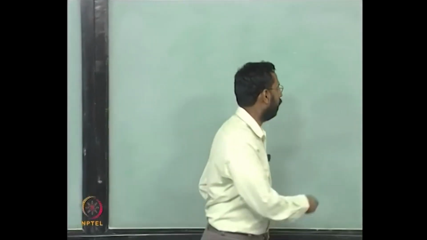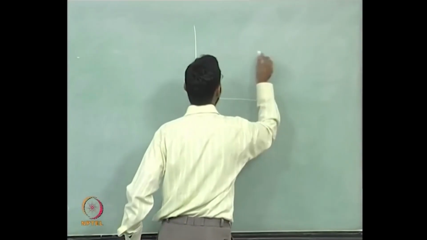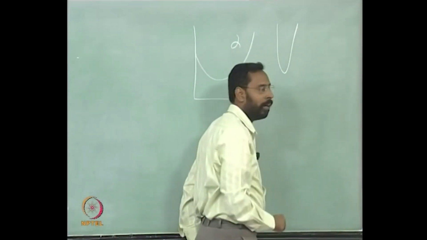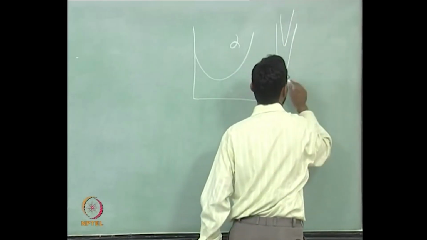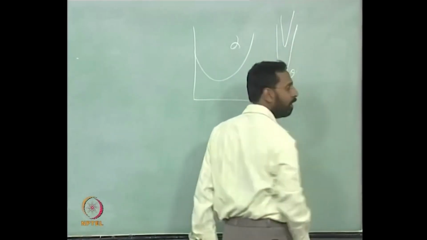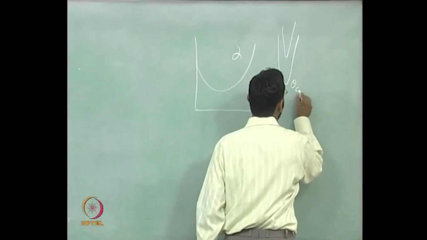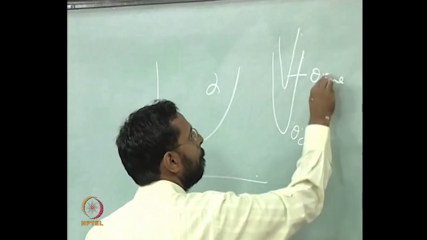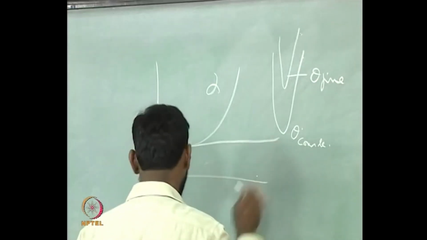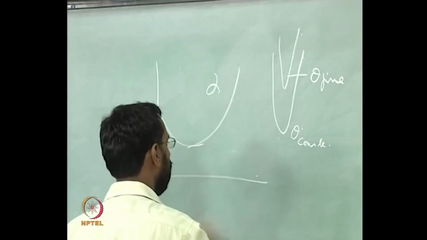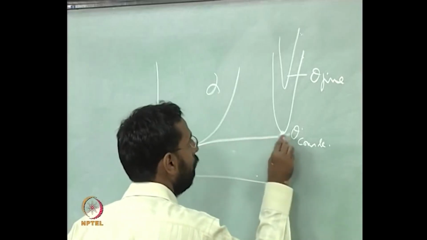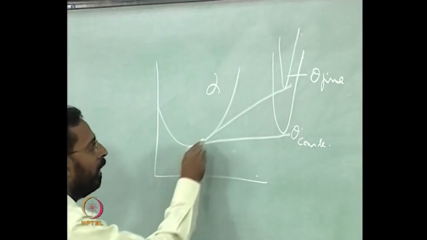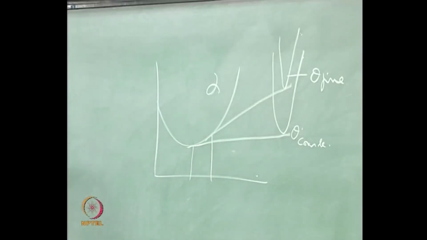All of you know that if we draw the free energy composition diagram, if this is alpha and if this is a coarse particle and this is a fine particle, let us call it theta phase or whatever it is, then if I draw a common tangent, you see that there is a difference in the composition.